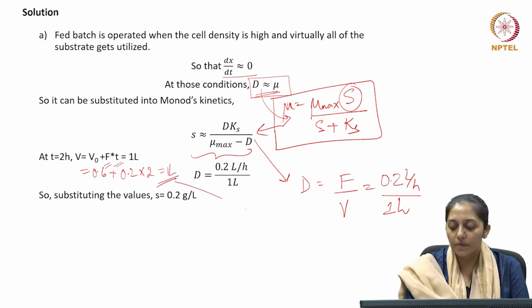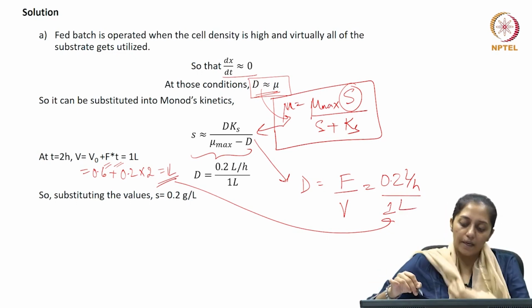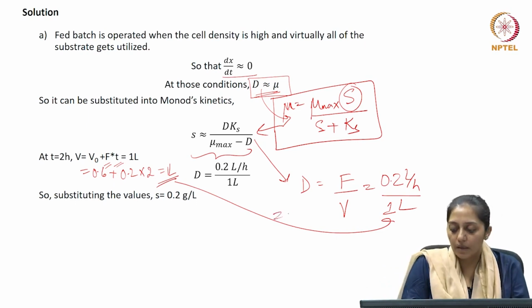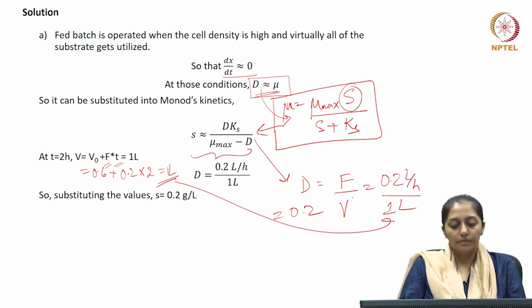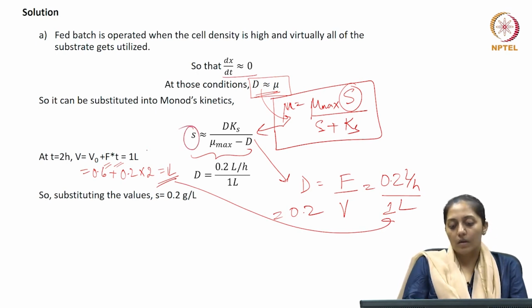So now if this 1 liter is substituted at 2 hours for the volume, then the dilution rate comes out to be 0.2. Now, at steady state, what will be the residual substrate concentration in the reactor?